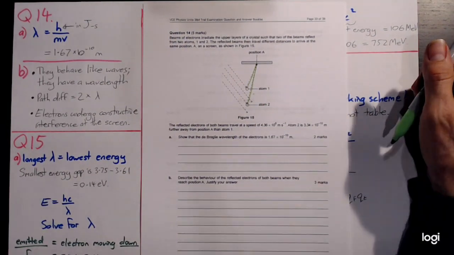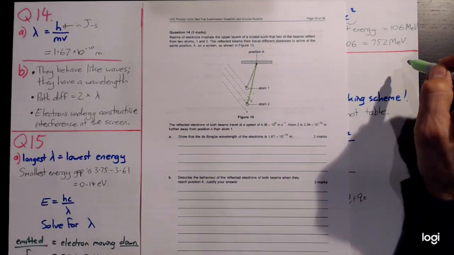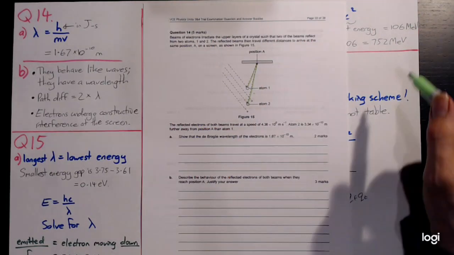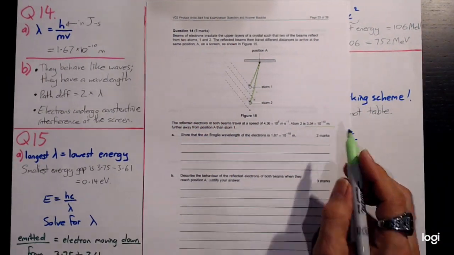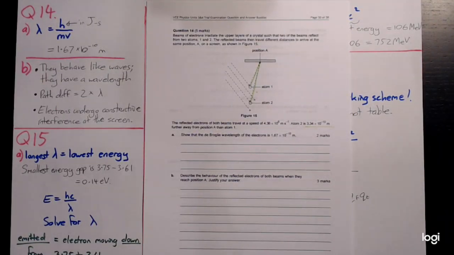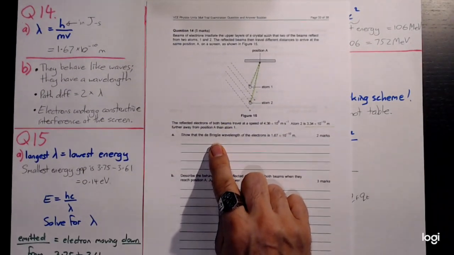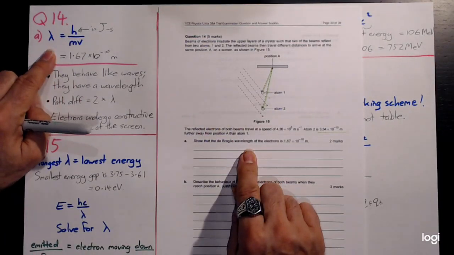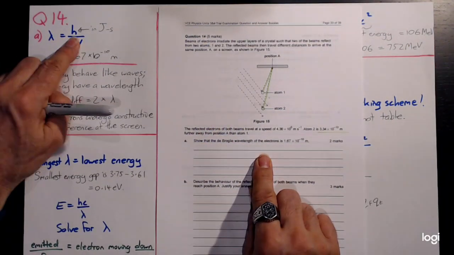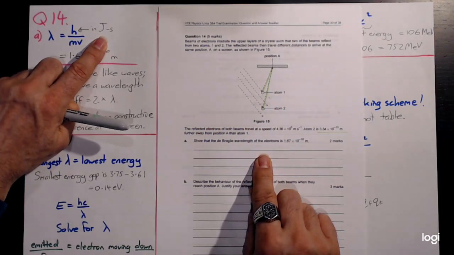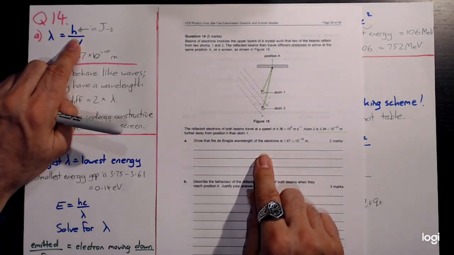But you need to assume that the path difference there is 1 wavelength, and therefore it's constructive interference, and therefore that difference should be a wavelength, right? But that becomes a little bit more relevant in part B. For now, all you need to do is to get the de Broglie wavelength formula, which is this one, and put all the numbers in. You've got to put the right Planck's constant in here. It's got to be the one in joule seconds, the 6.63 by 10 to the minus 34, I think it is, right?